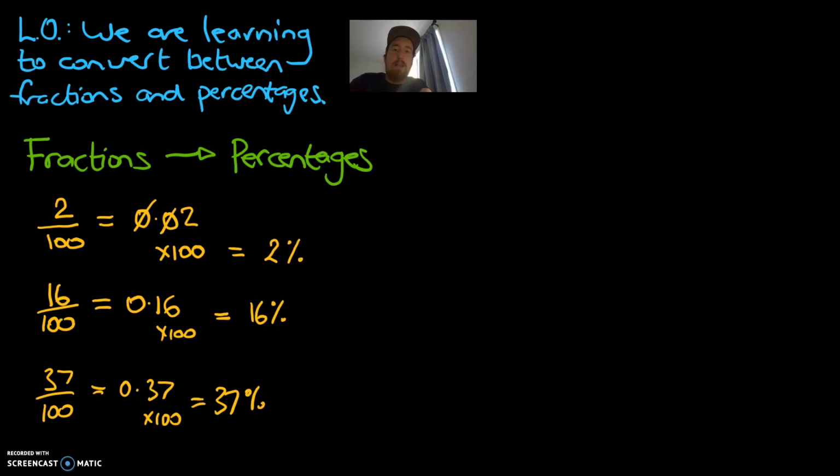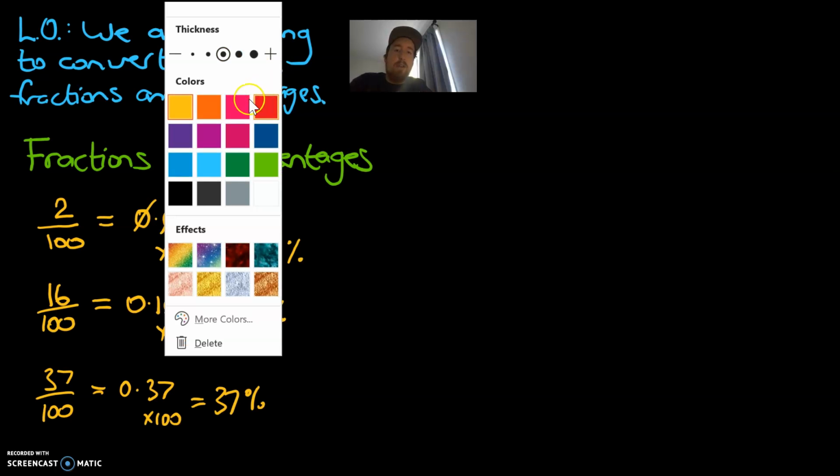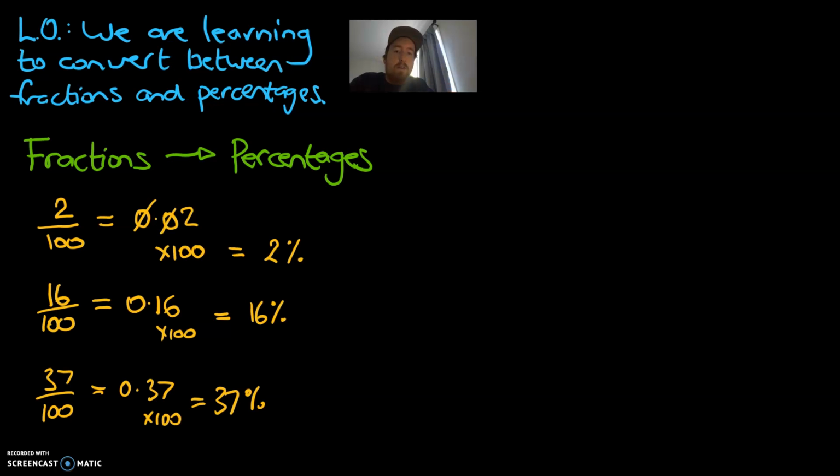So let's change pen color. Let's try some trickier examples. So what if we had 1/10? How would we do that? So first step, we can change the tenths and get that to hundredths by timesing it by 10. And if we times the bottom by 10, we've got to times the top by 10. And 1 times 10 becomes 10.